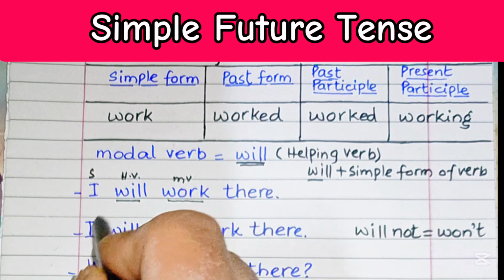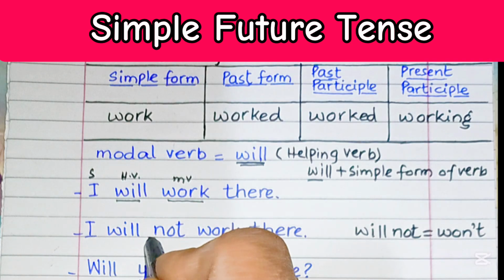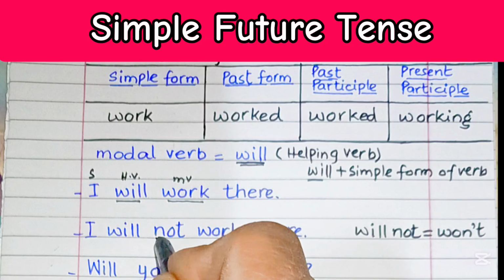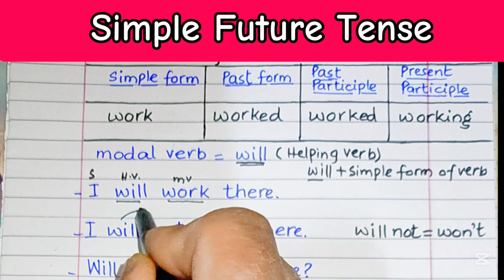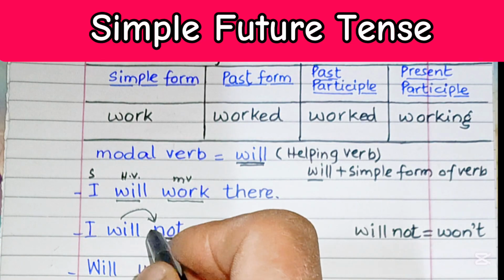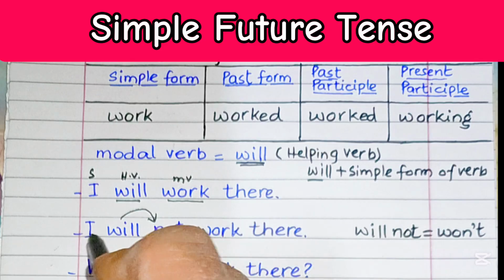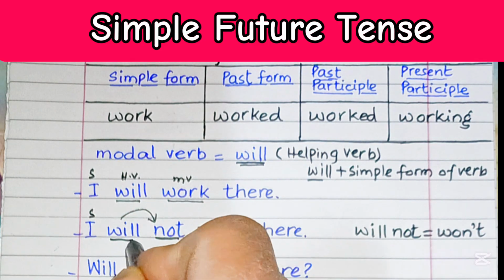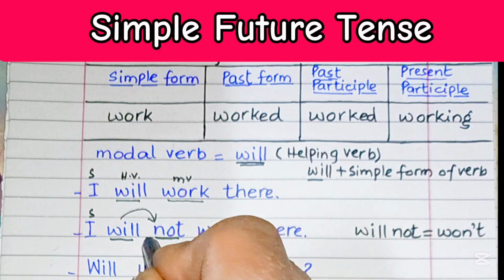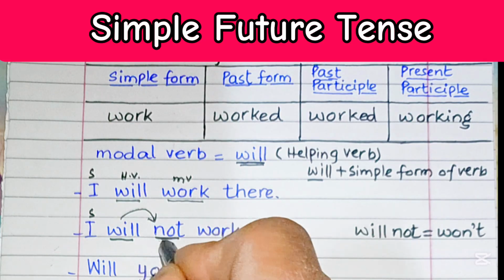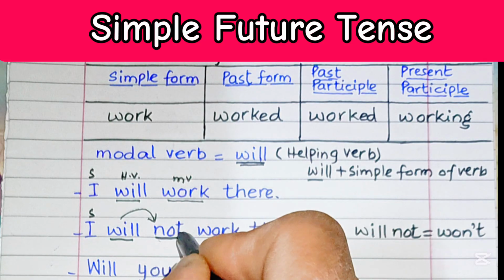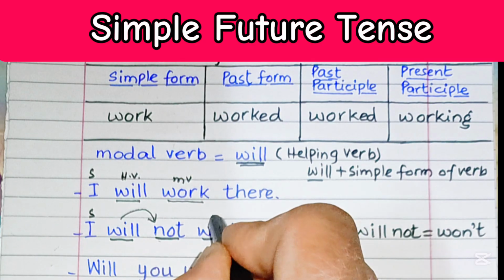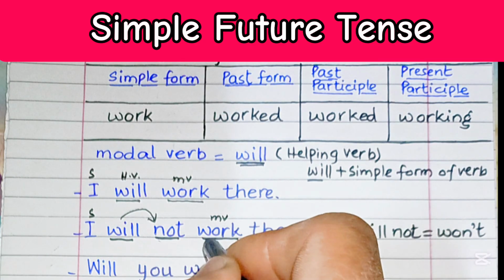To make this negative, add not after will. I will not work there. Again, this is the subject and this is the modal verb or helping verb. Then we have the negative for this sentence, and then we have the main verb in the simple form, that is work.